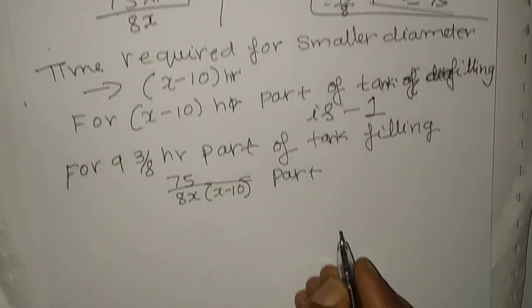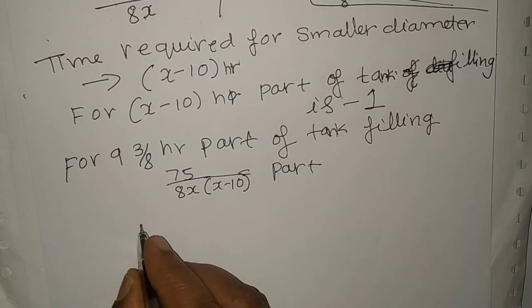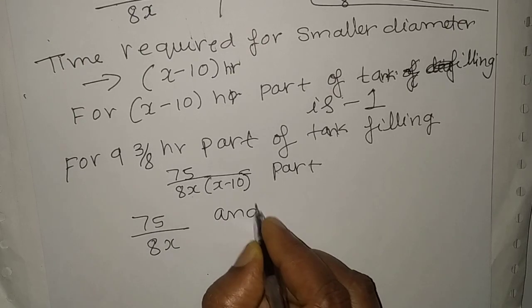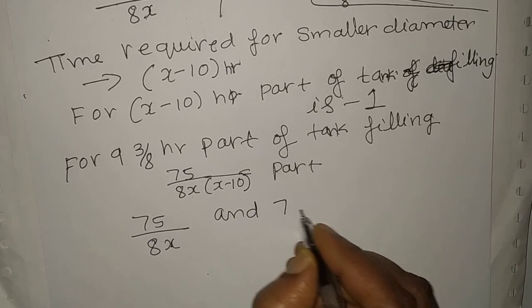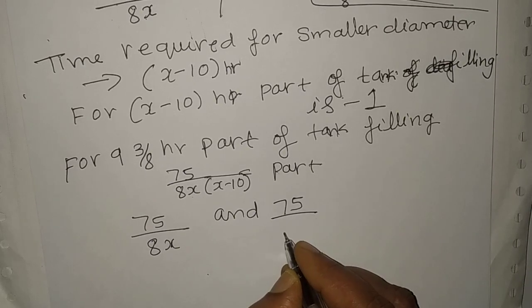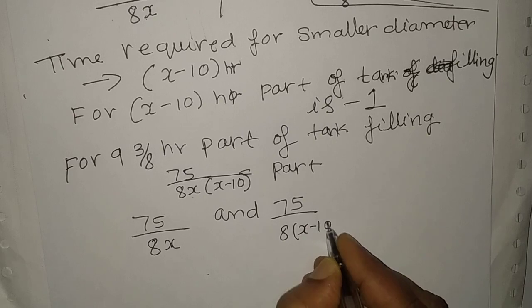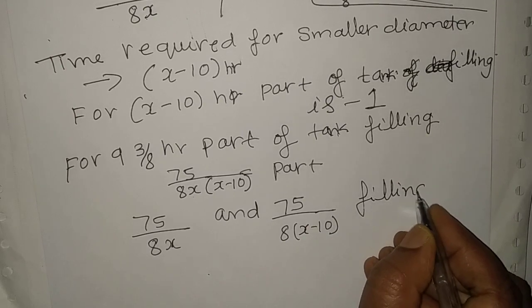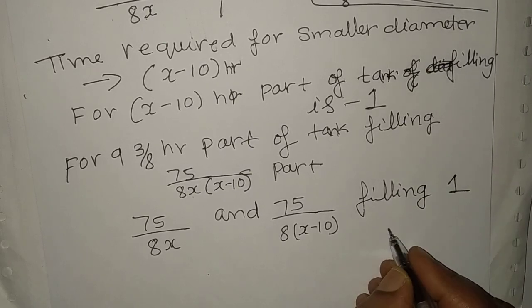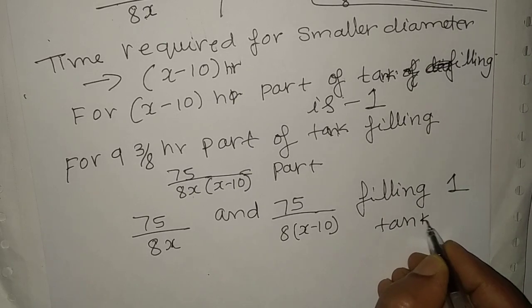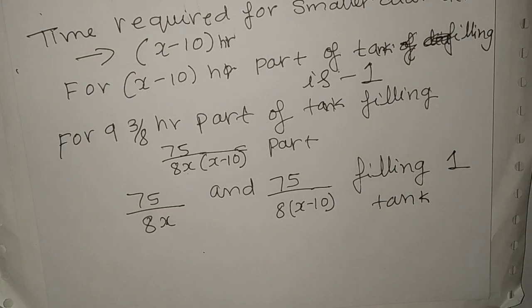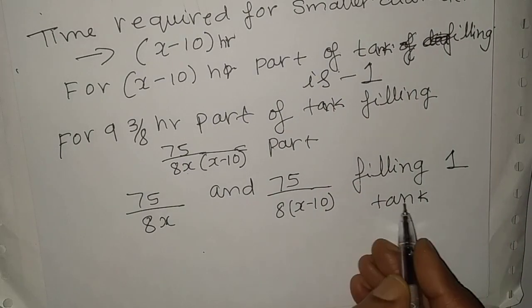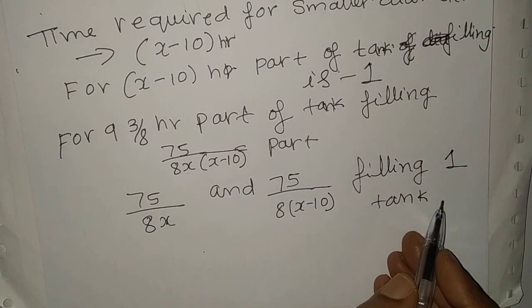So next, we'll combine now 75/8x and 75/(x minus 10). Filling what? Only one time. Filling one tank one time.